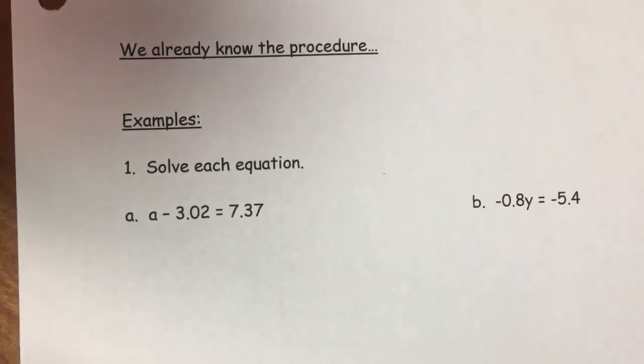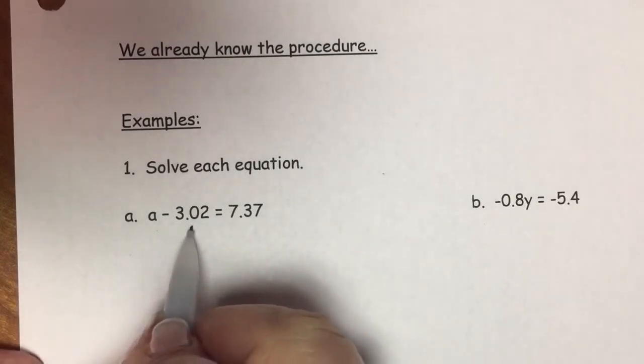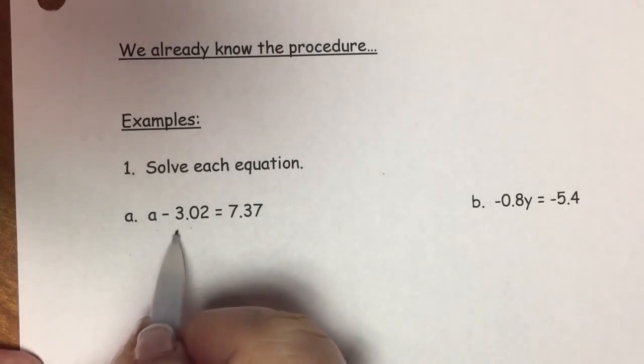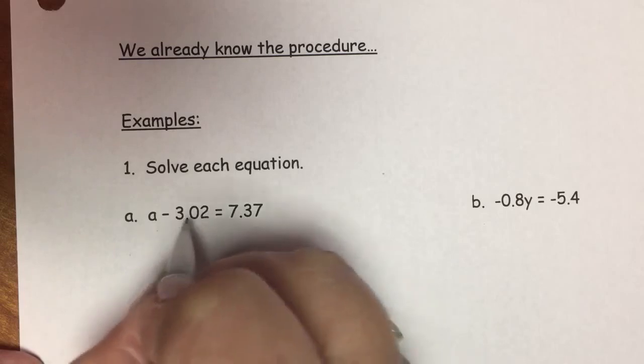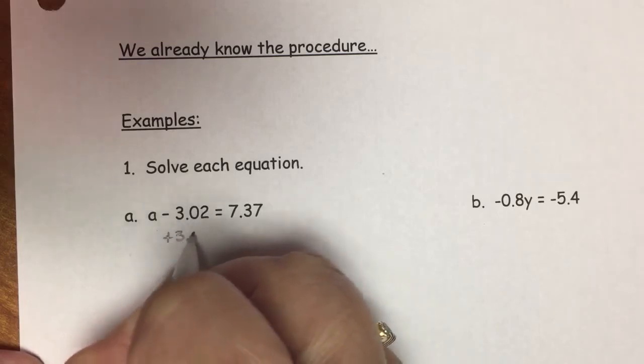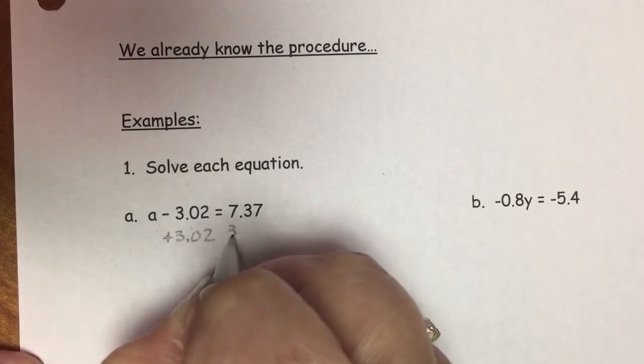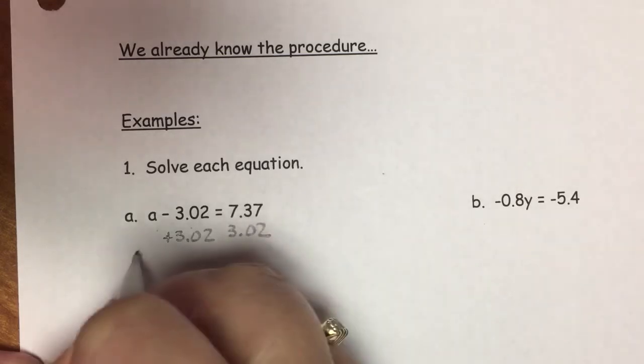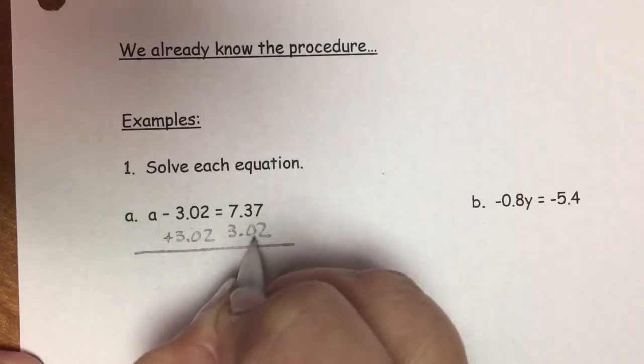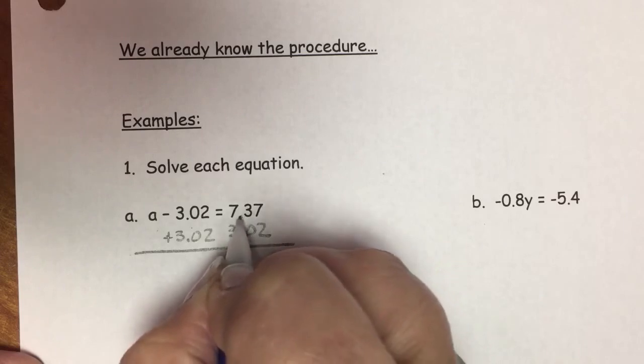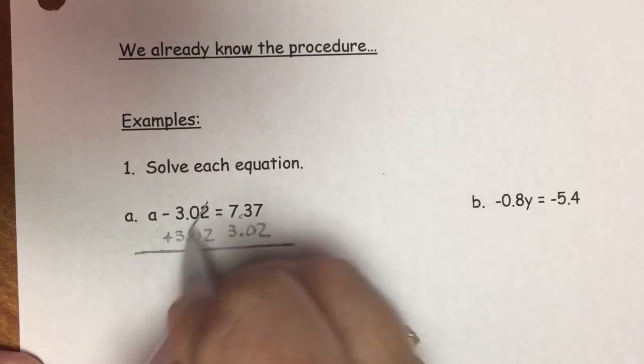So we'll start off fairly simple. Look, what's happening with the A? Well, we're having 3.02 being subtracted. So we are going to add 3.02 to both sides. Notice what I'm doing. On this right-hand side, I'm lining up my decimals because I'm going to have to add.